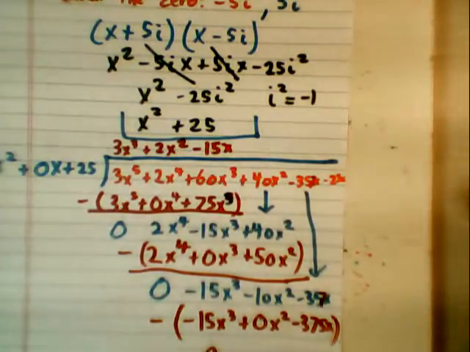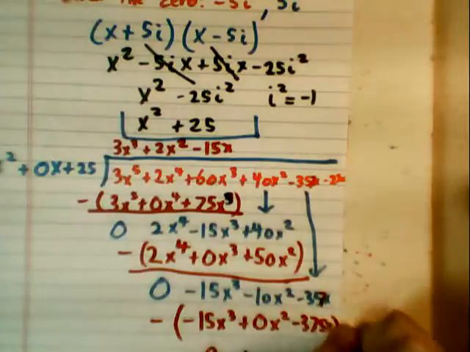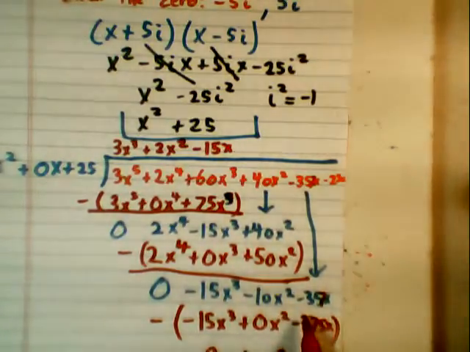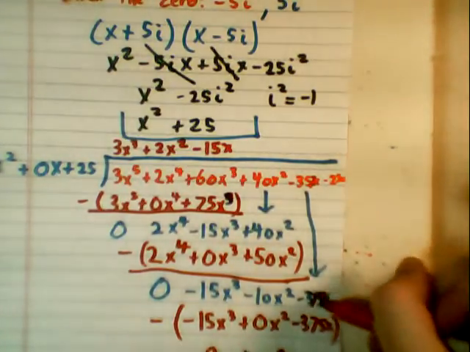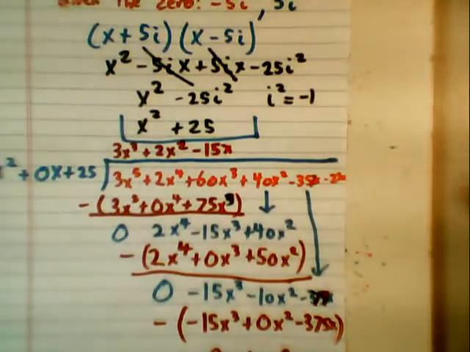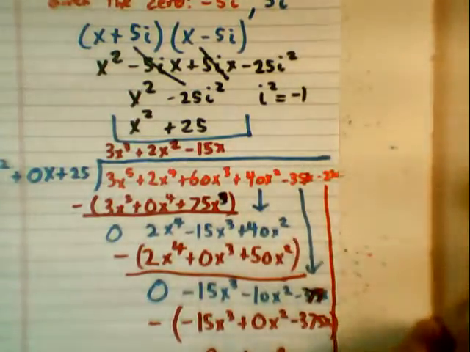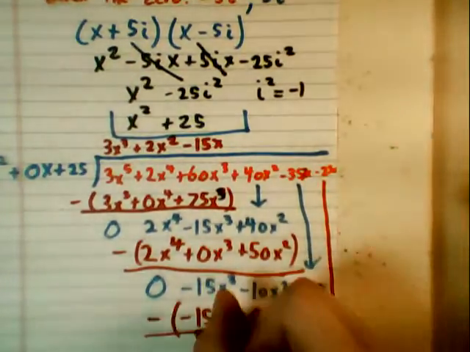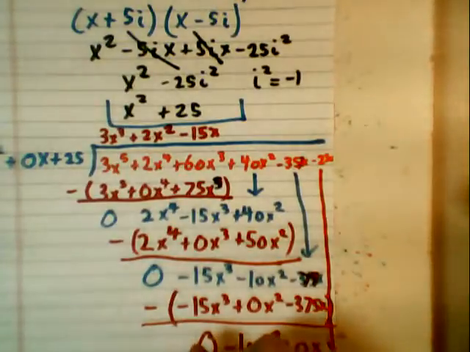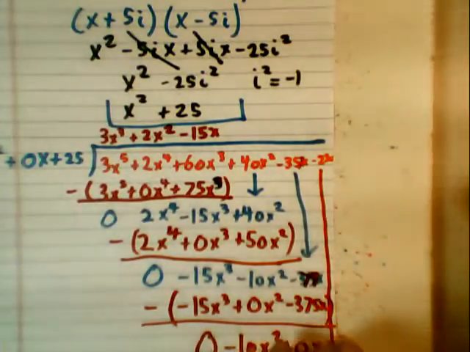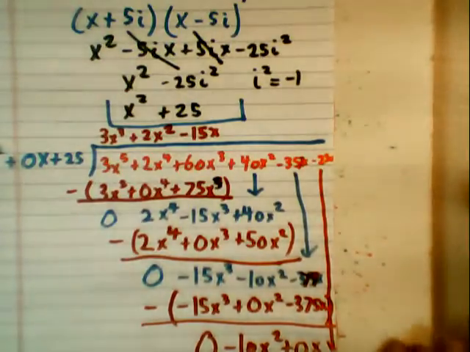Negative 10 minus 0, still negative 10x squared. Negative 375 minus a negative 375, so that becomes a plus, and that will cancel, so we'll have plus 0x. Lastly, let's bring down this negative 250. So we have negative 10x squared plus 0x minus 250.